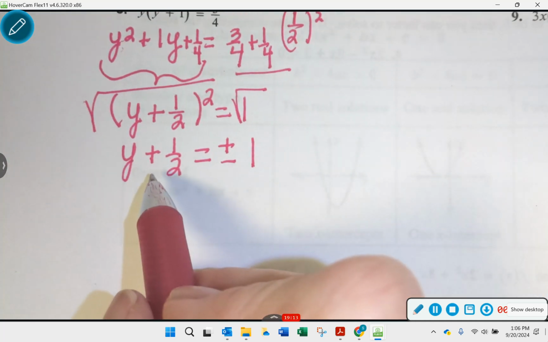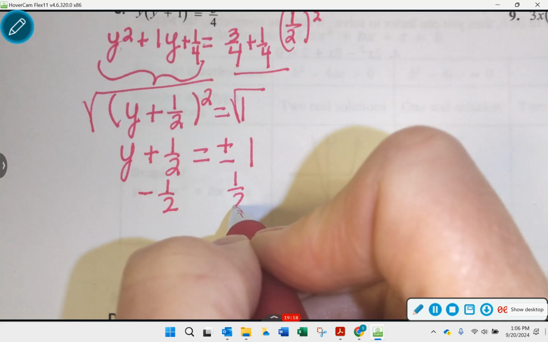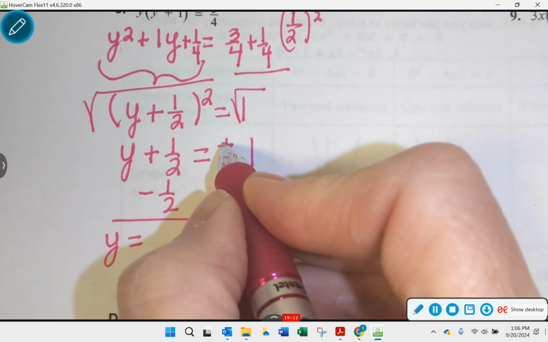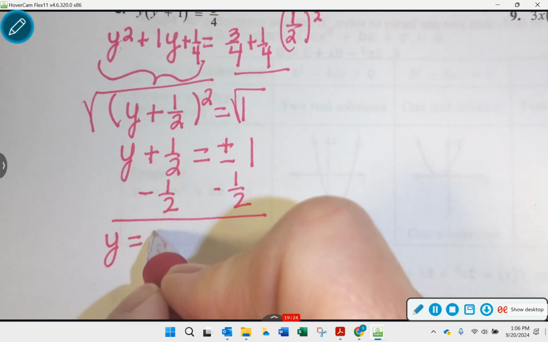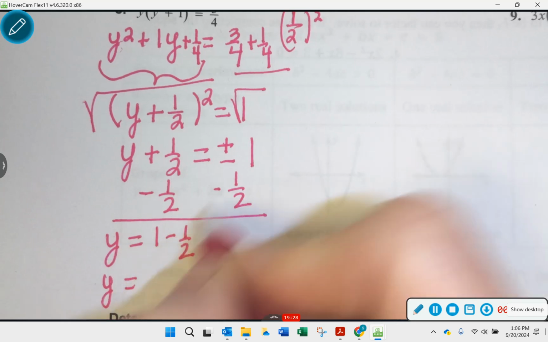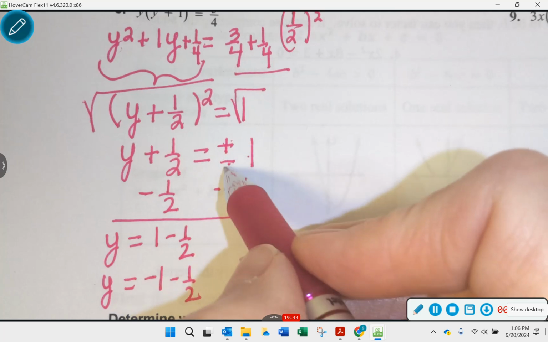So to finish this, to get y by itself, I just have to subtract a half. Well, what I really have then is positive 1 minus 1/2, and negative 1 minus 1/2. See how I have plus or minus there?